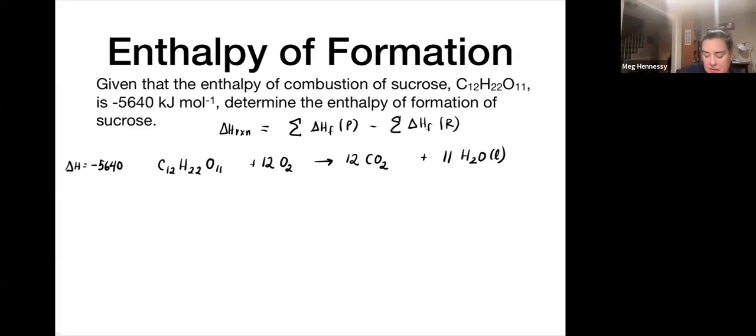But I also know that the delta H of the overall reaction has to be the sum of the enthalpies of formation of the products minus the reactants. And so I could write down that minus 5,640 is equal to the delta H of formation of CO2. But I can't forget that coefficient. There are 12 of them.